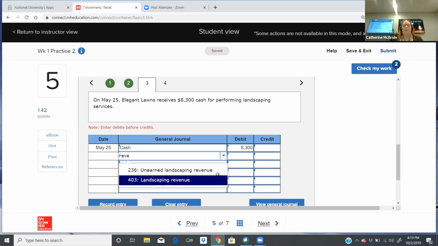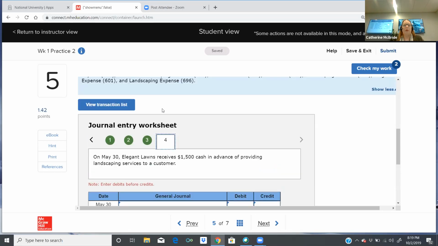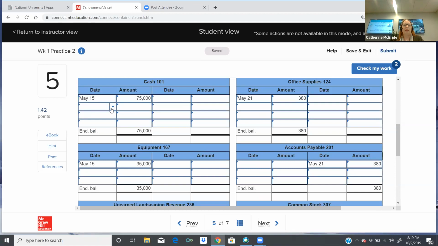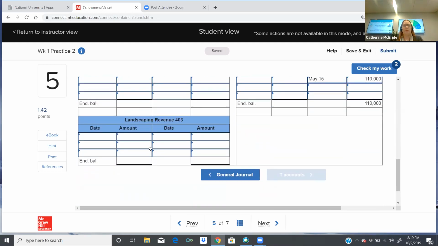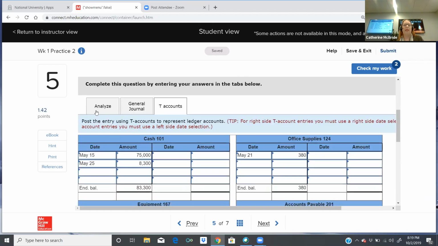Landscaping revenue, okay, of $8,300. We'll record the entry. And now we're going to go to T accounts. I brought in cash of $8,300 and I have service revenue, landscape revenue of $8,300. Put the date in there and we're good there.